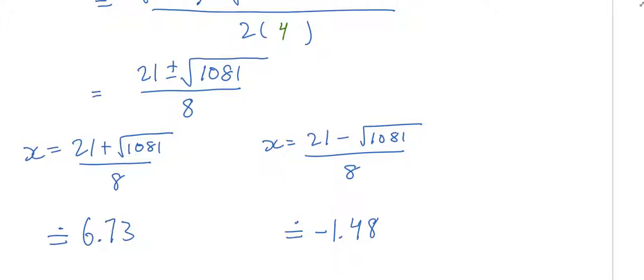Everybody good? Yes? Not working. Let me see. I would say almost always if you're not getting the right answer, it's because you don't have brackets on top or you're not hitting equals before you divide. So just watch for that.